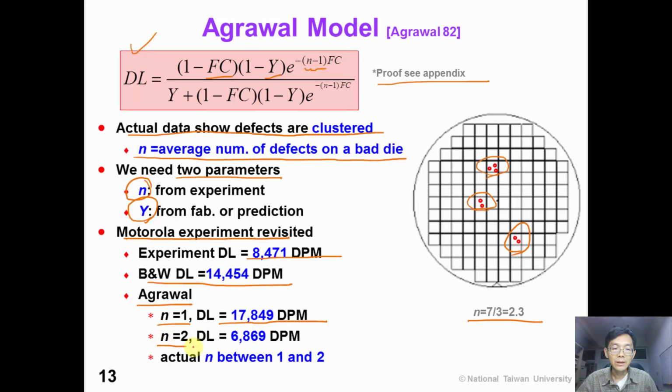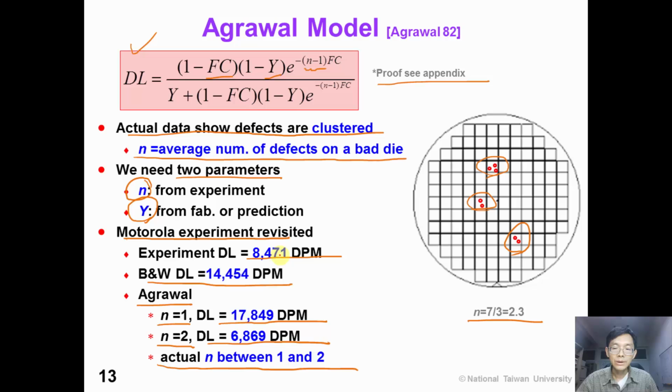If we plug in the number 2 for n, the defect level would drop to 6,869. So according to the experimental data, the actual value of n is somewhere between 1 and 2.